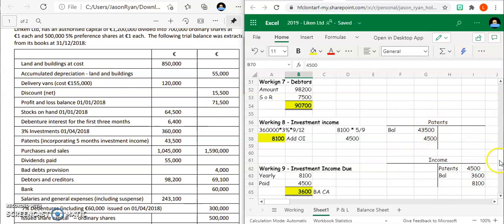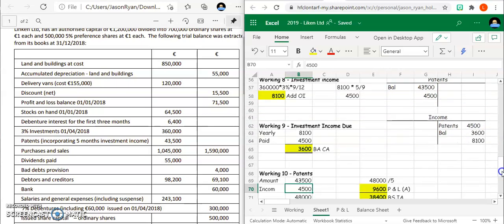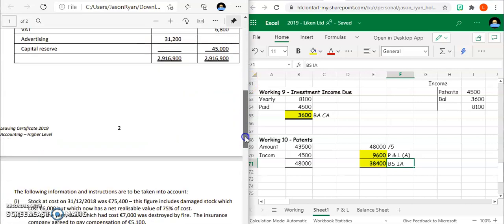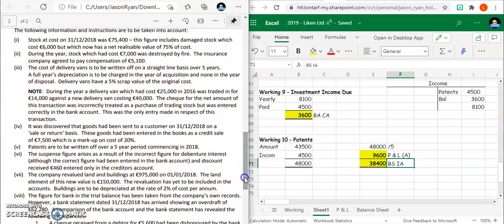So that's why this investment income is added onto your patents. So that gives you 48,000. It's written off over a 5-year period. So 9,600 is going to be your profit and loss in administration. And the difference between the 48,000 and the 9,600, the 38,400, goes into your balance sheet as an intangible asset. So that's how you answer part 5, patents of the company account question.